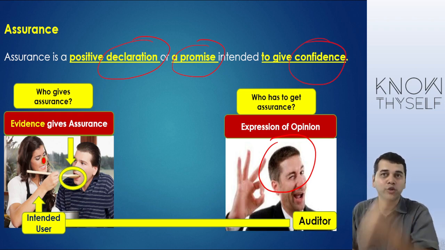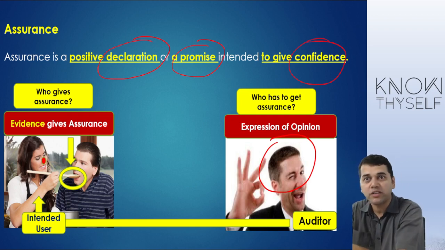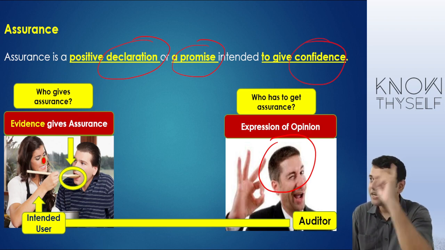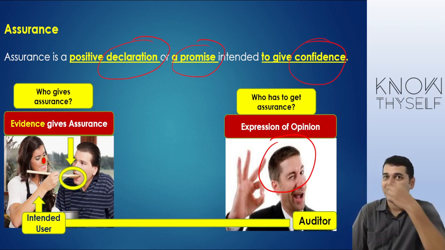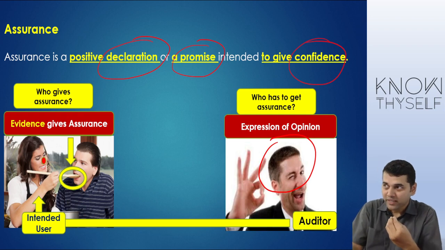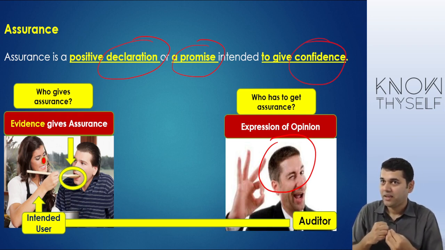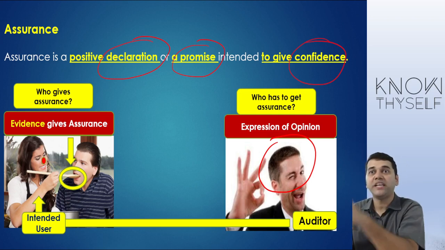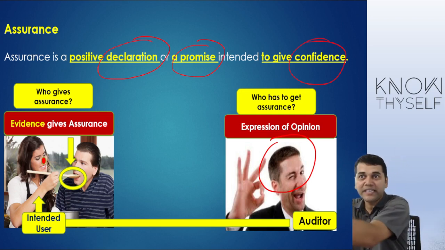Now, how is he sure that what management has cooked is proper or not? He needs a professional, a third independent person who tastes that evidence, draws a conclusion from there, analyzes and forms an opinion, and communicates that opinion in the form of a report to the intended user.